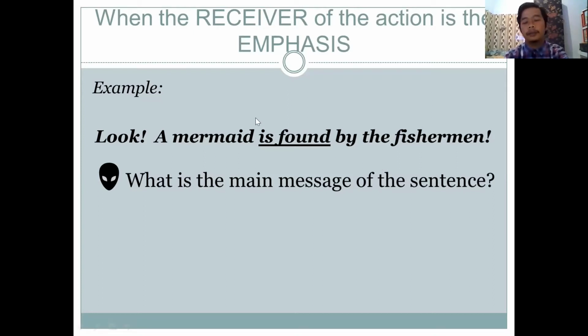Jadi kalimat ini memperjelas apa yang ditemukan pemancing tersebut sebelum kita membaca. Kita sudah mengetahui apa itu isi kalimat yang akan ditulis.